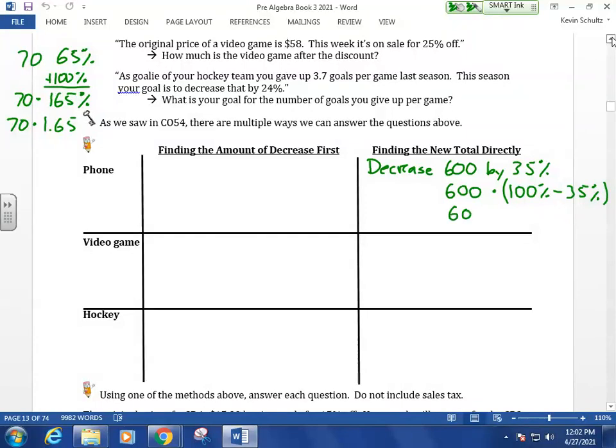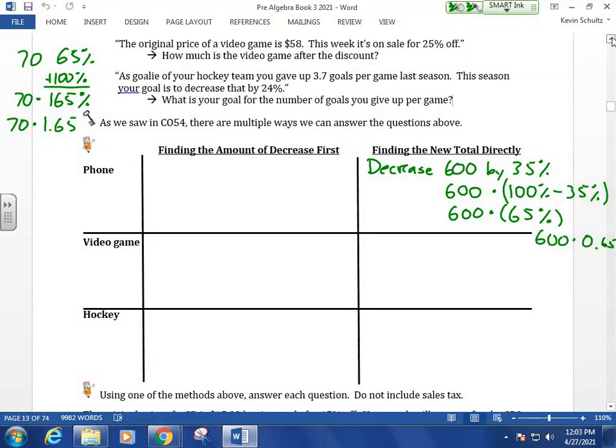Well, 100% minus 35% is 65%, just 100 minus 35. And 65% as a decimal gives us 600 times 0.65.